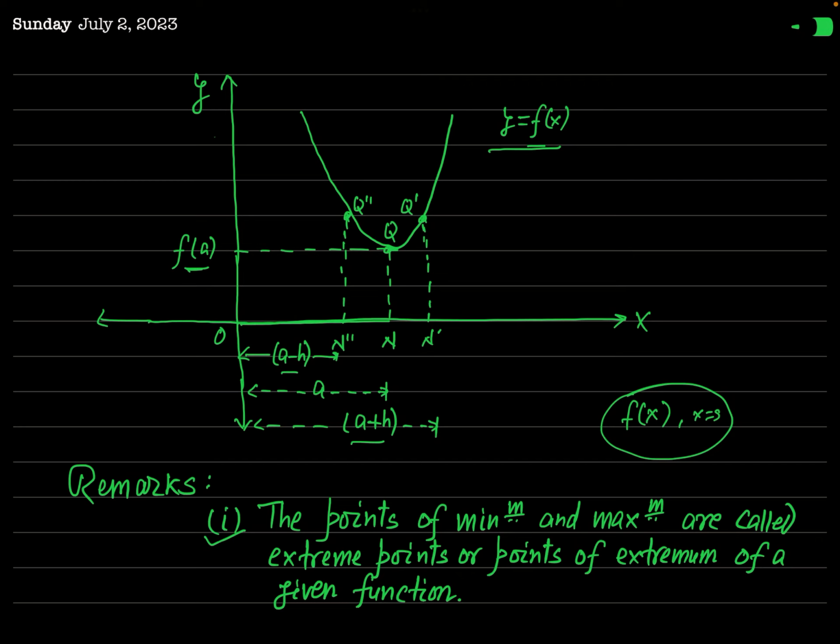So the points of minimum and maximum are called extreme points or points of extremum of a given function. This term is used in your textbook, so there should be no confusion: extremum value of a function does not mean only maximum value or only minimum value. Extremum value means either maximum value or minimum value. Both are called extremum value.